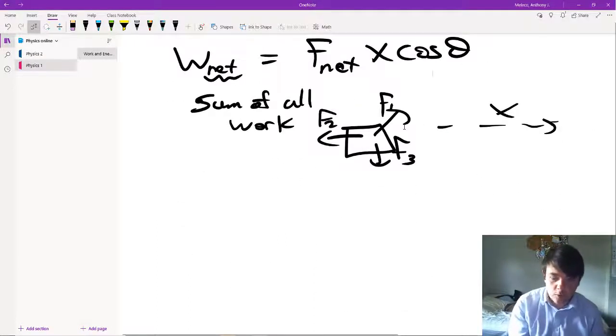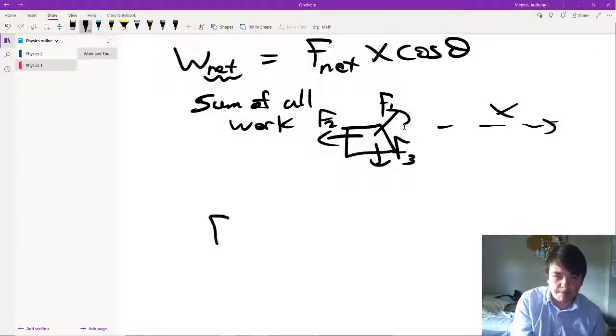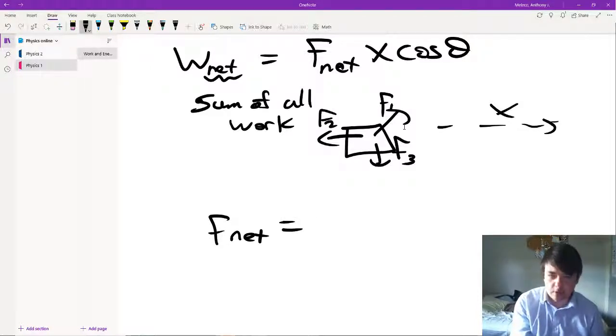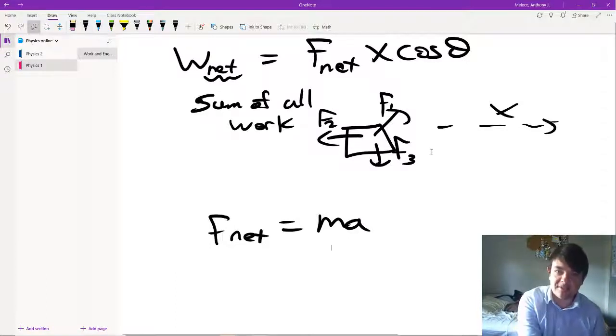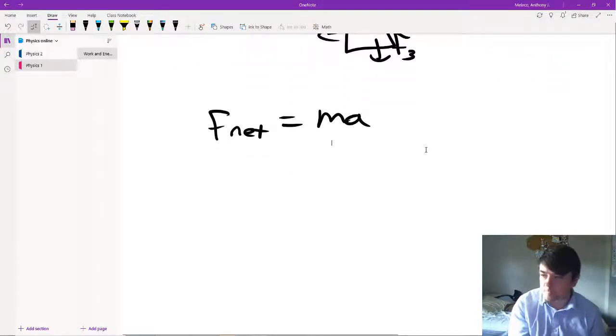So what we have here is just this equation, W net equals F net x cosine theta. But if you remember, this F net is equal to something else, what we spent our entire last unit doing. This is Newton's second law. So we can plug in the mass times acceleration of an object there.